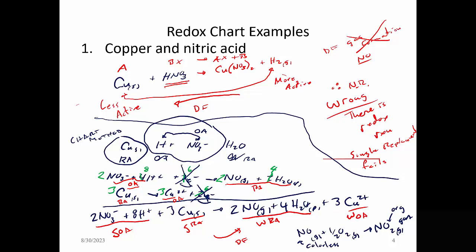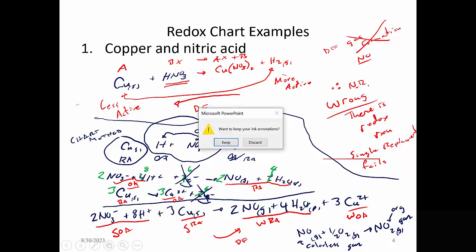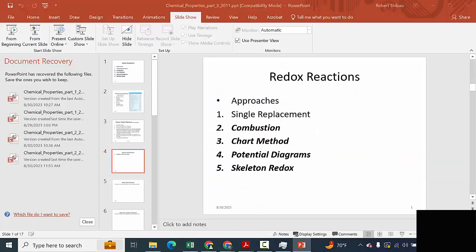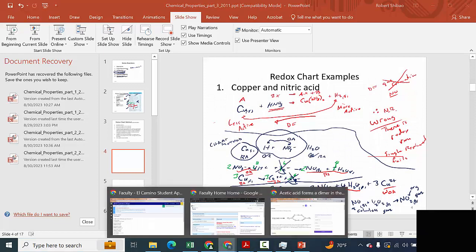This happens spontaneously. And so there's a secondary reaction here that occurs. This is also a redox reaction as well. So we could see this reaction here.